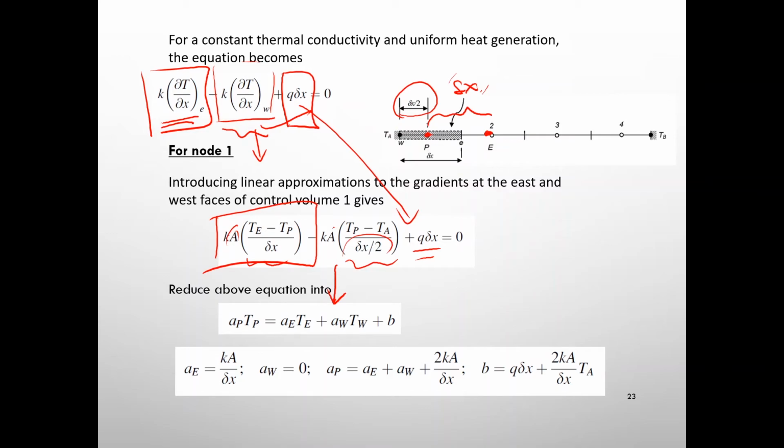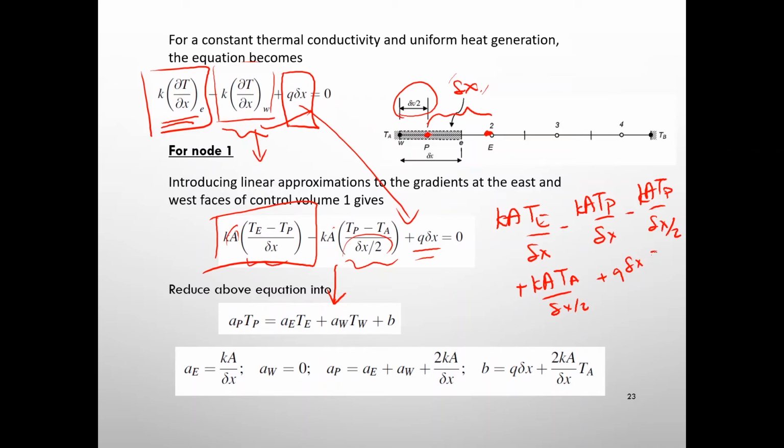If we try to expand it, we are going to get something like Ka Te over del x minus Ka Tp over del x minus Ka Tp over del x over 2 plus Ka Ta del x over 2 plus Q del x equal to zero.